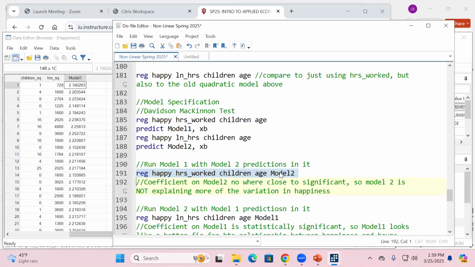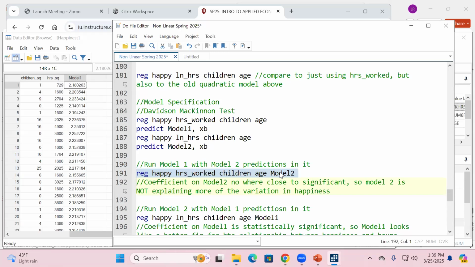I'm then going to run this original regression again, but I'm going to now include, and we don't know what number it'll be, it depends on how many we have, the predictions that I made using the second model that included the natural log of the variable.